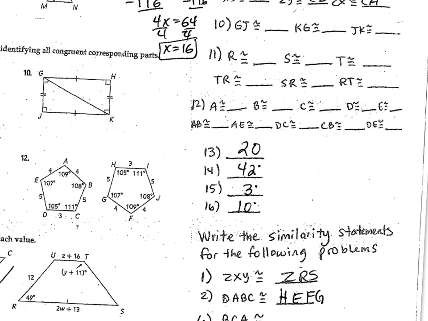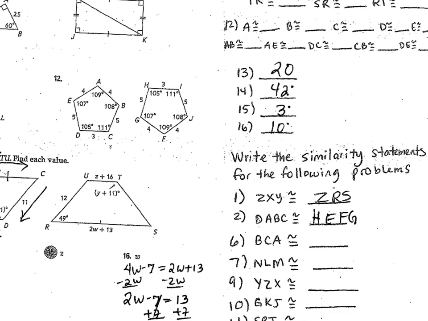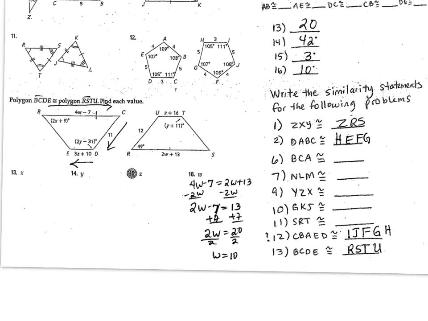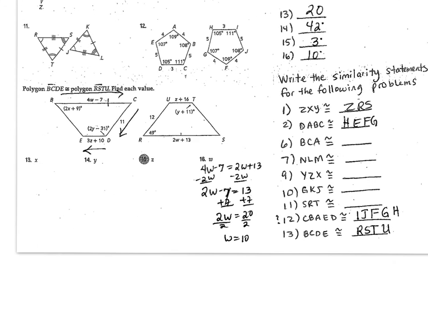And then problem number 13 is 20, 14 is 42, 15 is 3, 16 is 10. Questions on those 4? And you have some of that on the quiz also. You got those right?